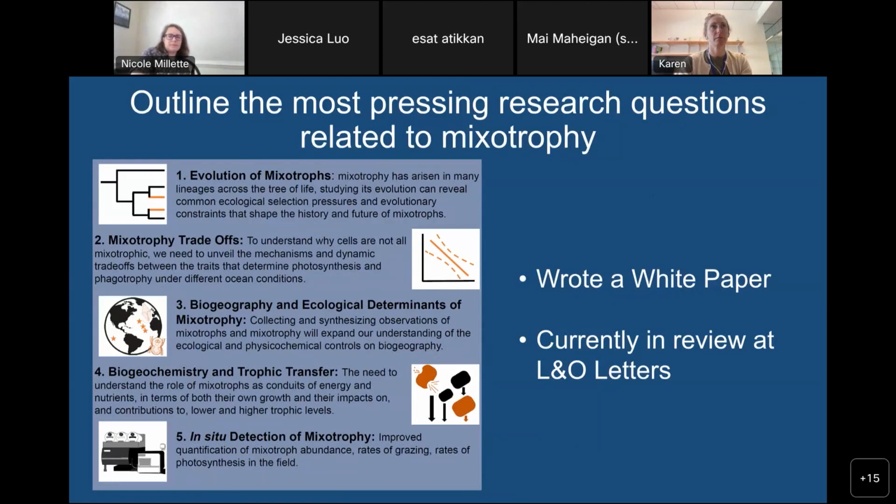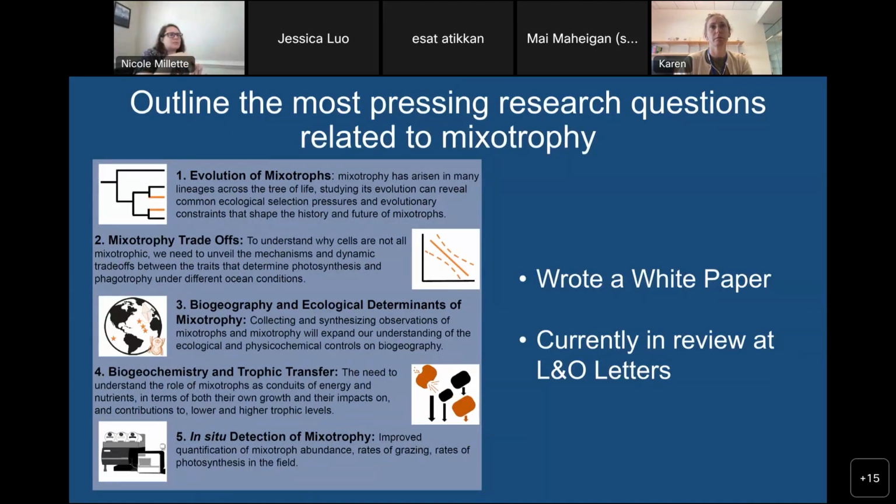But these specific research priorities are, first, evolution of mixotrophs, so looking at the fact that the trophic mode of mixotrophy is present in many different lineages across the tree of life.